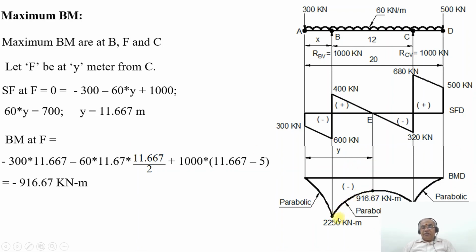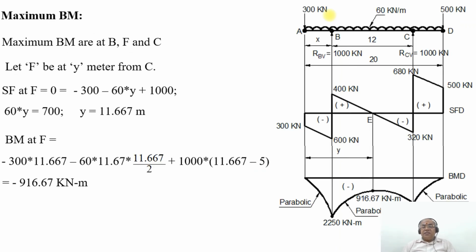Then join these points by means of a smooth parabolic curve, because between B and C also you have a UDL. Since the UDL is there over the entire span, the BMD will have all the lines joined by curves.